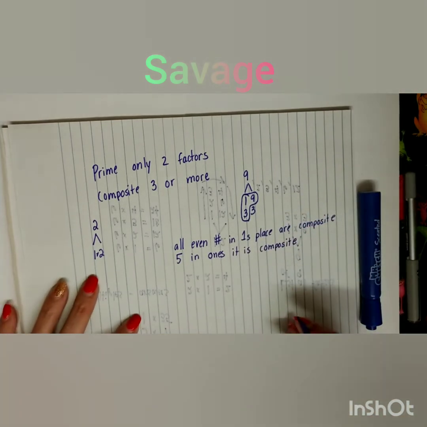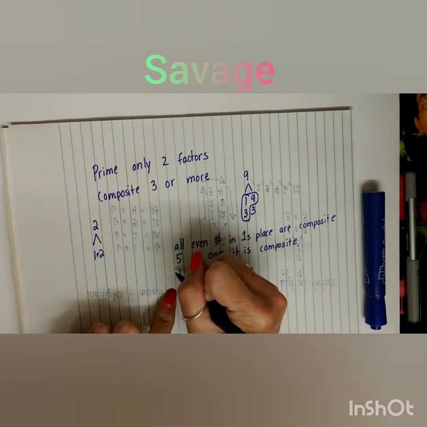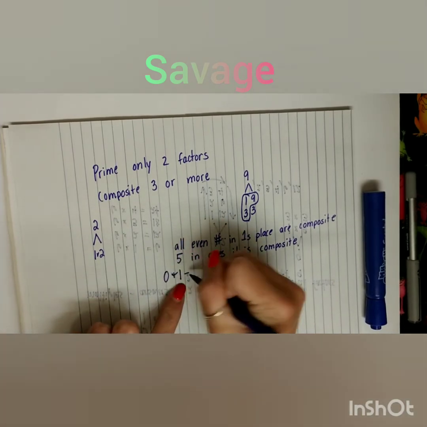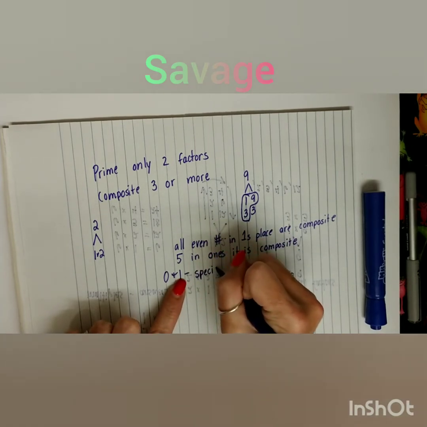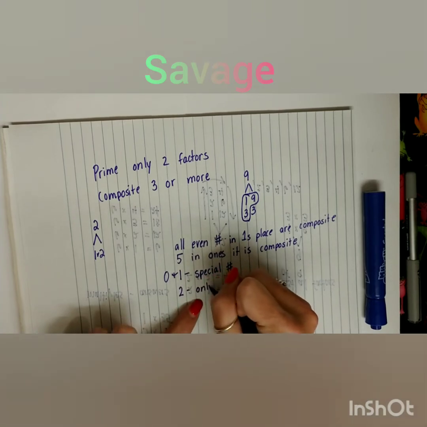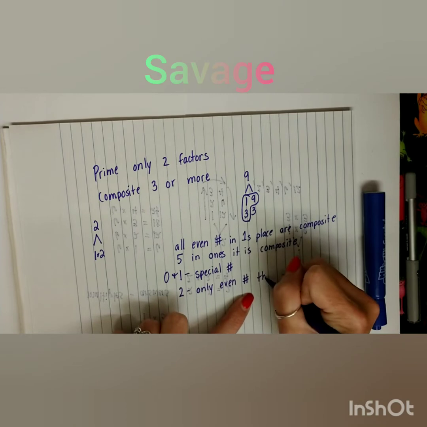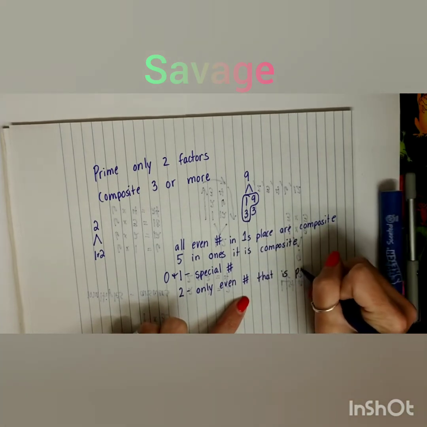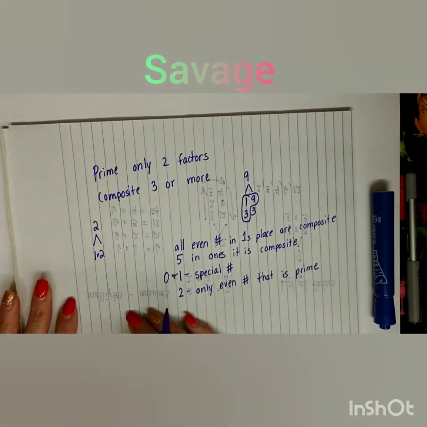The numbers 0 and 1 are neither prime nor composite. They're special numbers. The number 2 is the only even number that's prime. So these 4 tips really help you out.